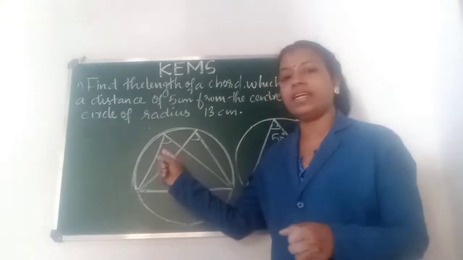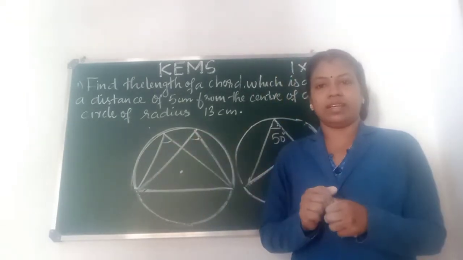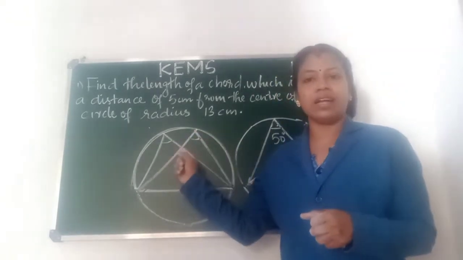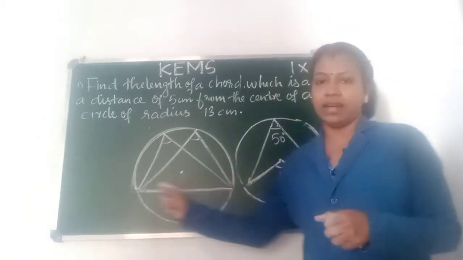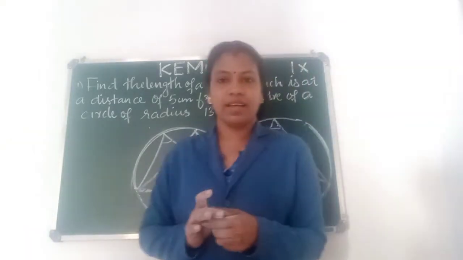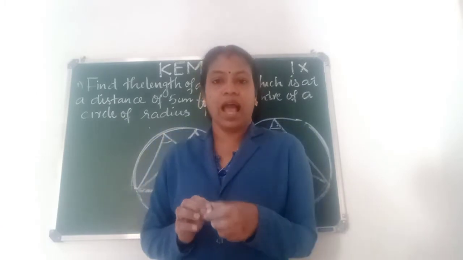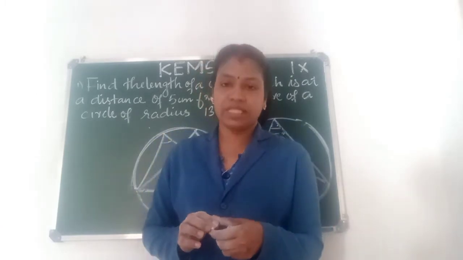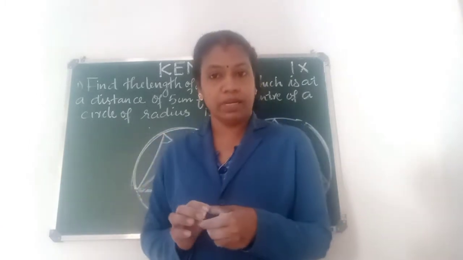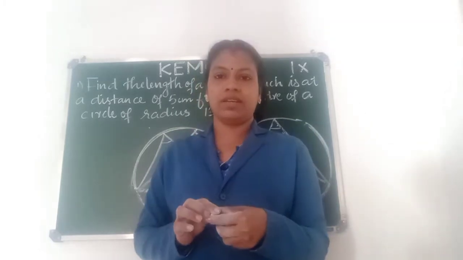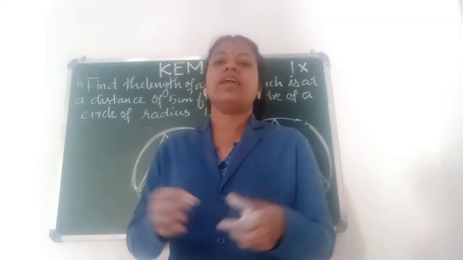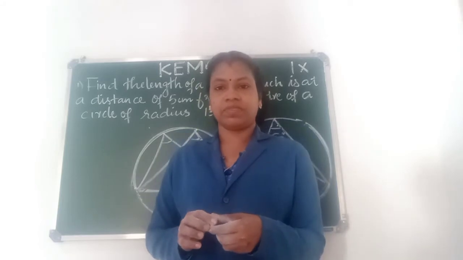If it is 30 degrees, this is also 30 degrees, because these two angles are in the same segment. That's the second theorem. Angles in the same segment of a circle are equal in measure.